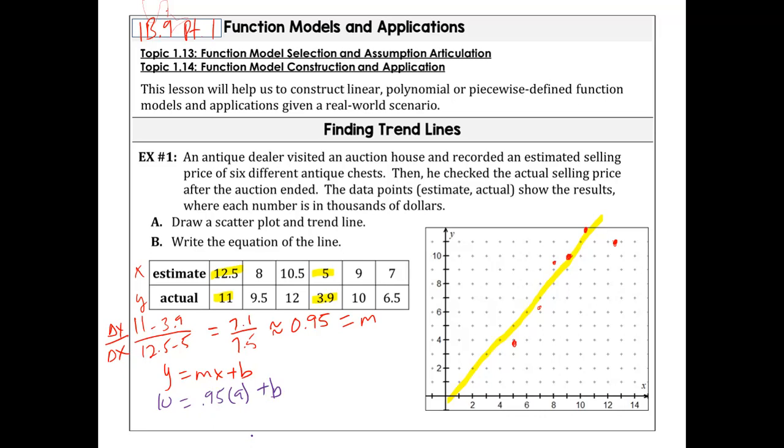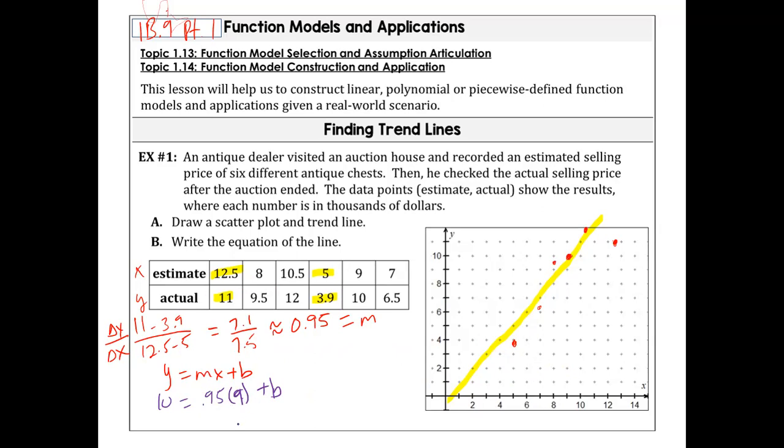I'm going to show you the difference, what's going to happen. If we choose these two from the table, it's going to create a different b than choosing any other one. What the calculator does is it finds all of those and finds the best fit. Okay, we're not going to do that. We're just modeling how to find b and recalling how to find b.